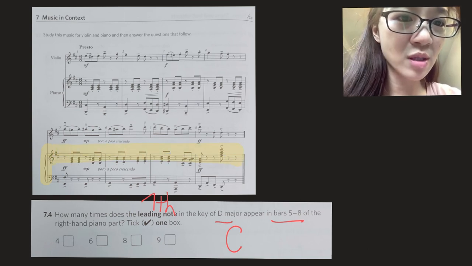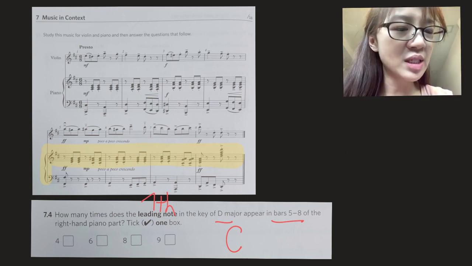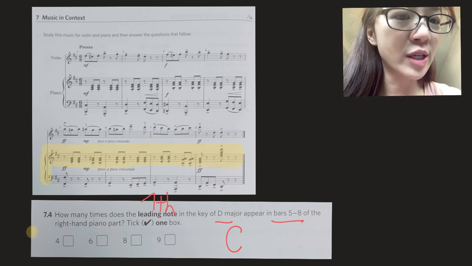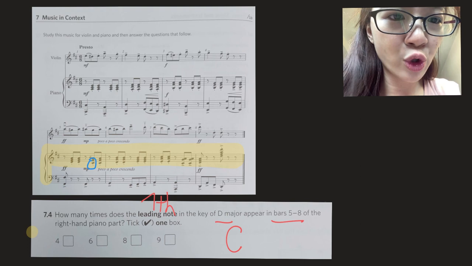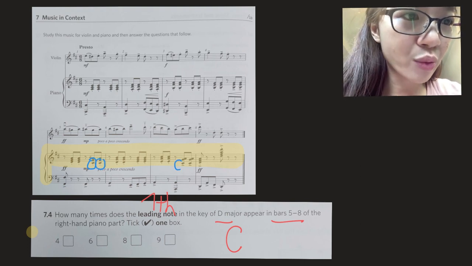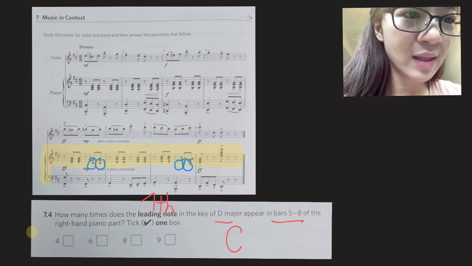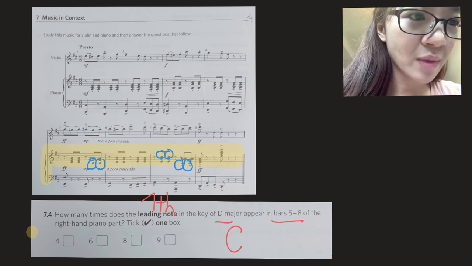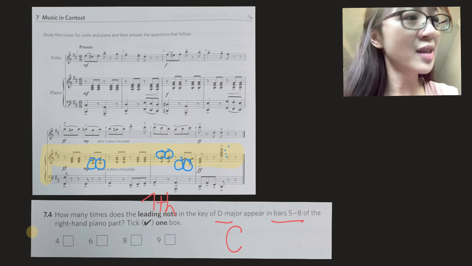These are the parts we are going to look into, to see how many times the C sharp appears. The C sharp is in the key signature, so we just need to count. 1, 2, 3, 4, C sharp, 5, 6. This is D, F, D, F, A. This is the D again. So you have 6 times.